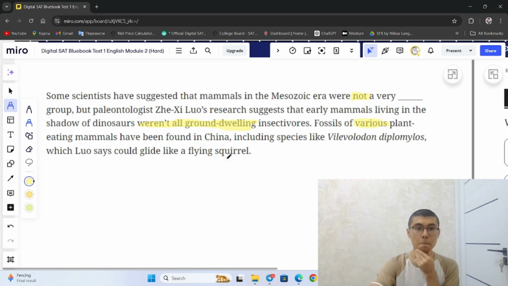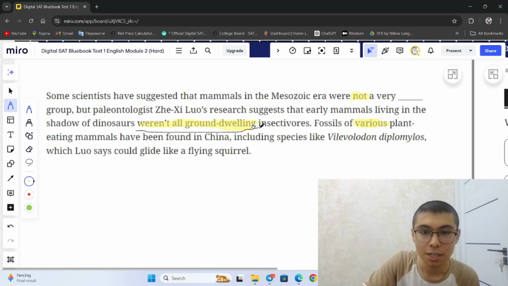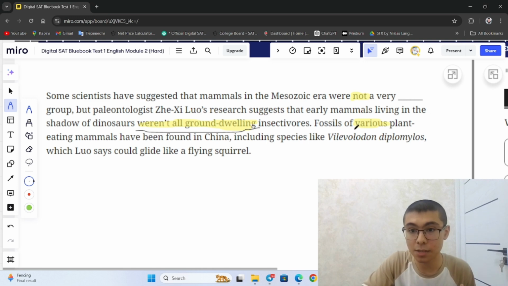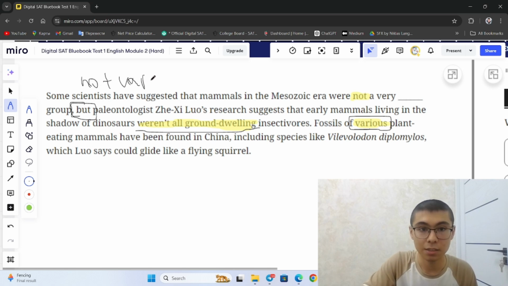So the main word, I firstly thought the main word was like weren't all ground dwelling. Yeah, it's kind of that, but we also have various, which is really important. So here we have a contrasting word. So before this contrasting word, we need not various, right?